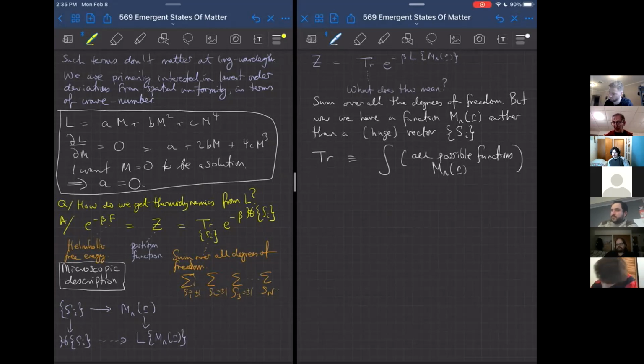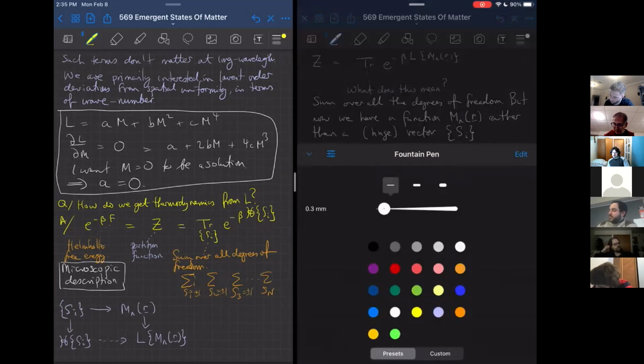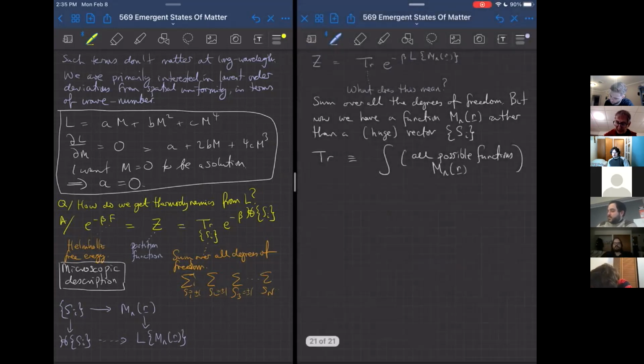And so we're going to need to know, how do we do this? What does this actually mean? So conceptually, that's what we want to do. This is the conceptual idea. And then we have to figure out, how do we do this in practice?